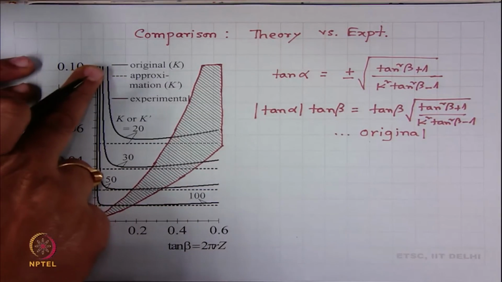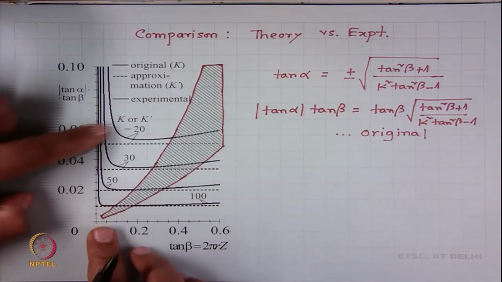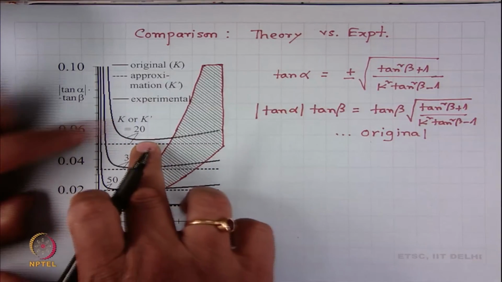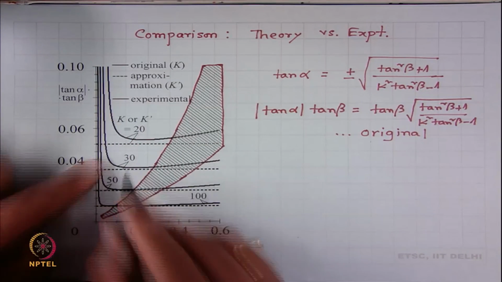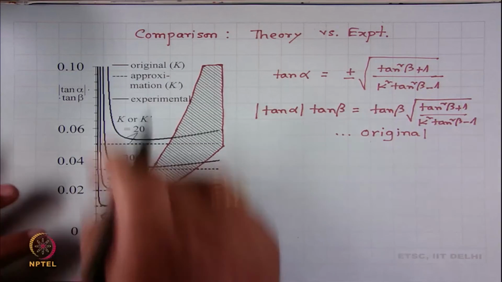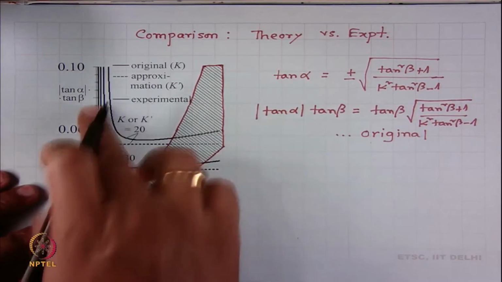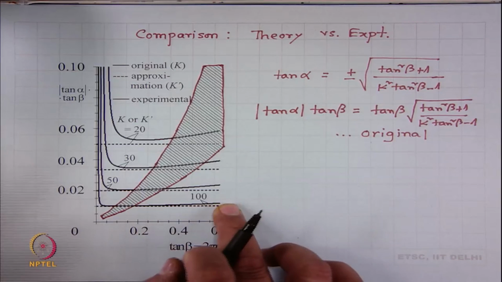So, the thick line denotes this original expression for different values of k: k equal to 20 this curve, k equal to 30 this curve, k equal to 50 this curve, and k equal to 100 this curve. So, it is decreasing then increasing, decreasing slowly then increasing. This is the original.